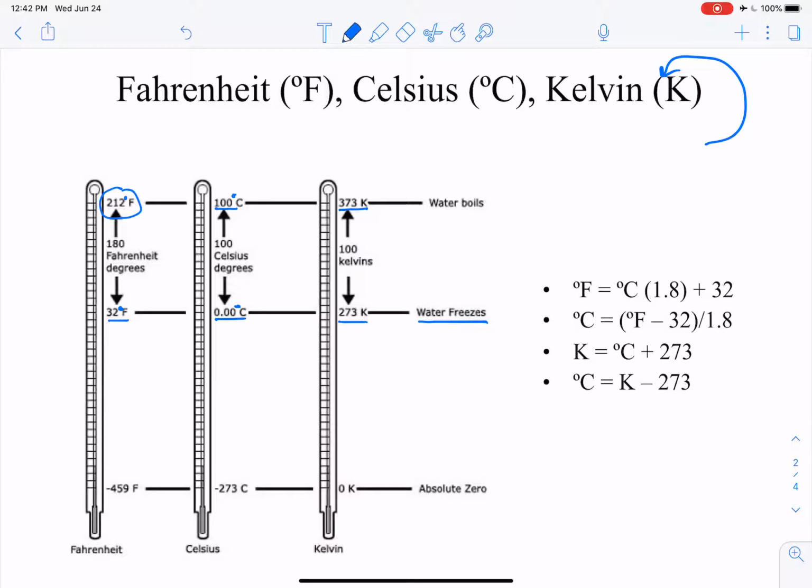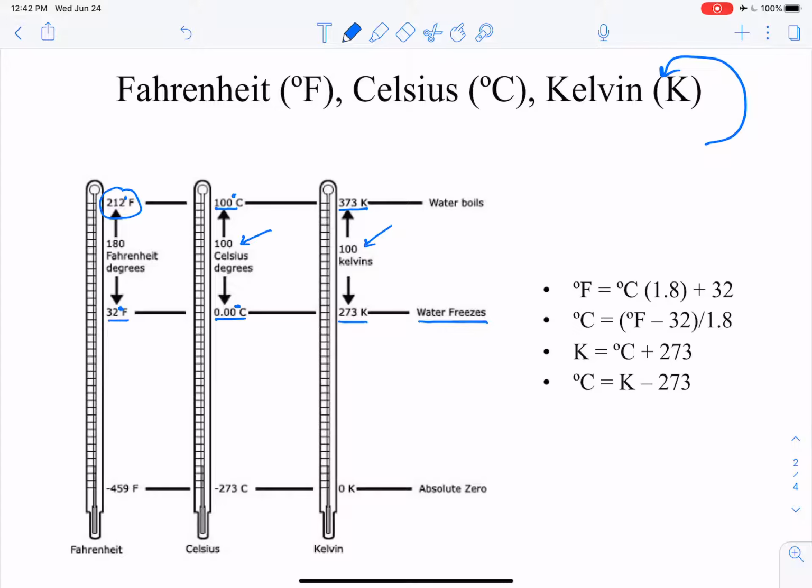All right, so another thing that we need to notice about the different temperature scales is that between water freezing and water boiling, for both Celsius and Kelvin, what we have is 100 degrees. So there's a 100-degree difference right there. That means that the size of the degree for Celsius and Kelvin is the same.